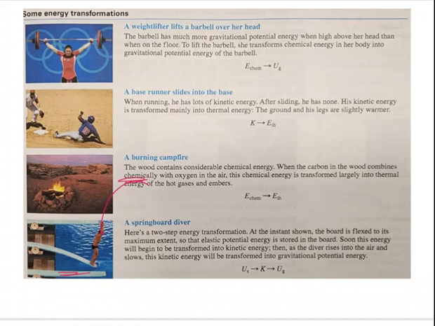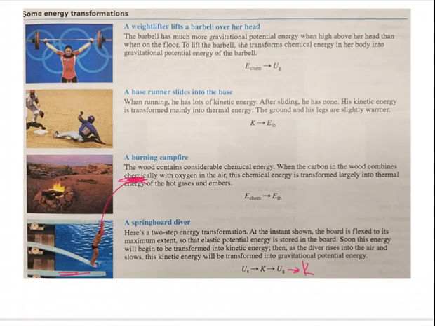The gravitational energy is maximum up here, no kinetic as he comes to a stop. But then he will continue, and this would turn back into kinetic. It could also go the other way too, because when he runs up to the board, that's chemical, and then when he jumps, that's more gravitational. Yeah, we could take this to all kinds of limits, right? So that's the idea that's going on here.